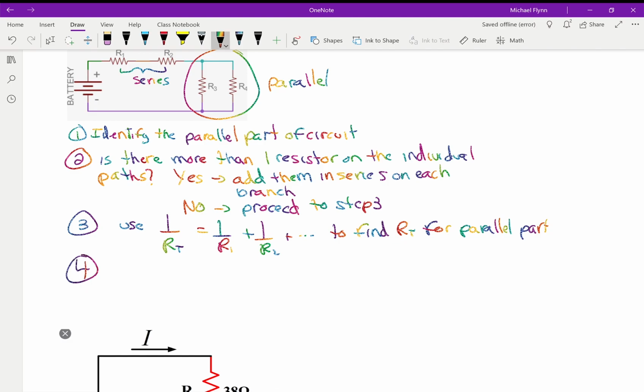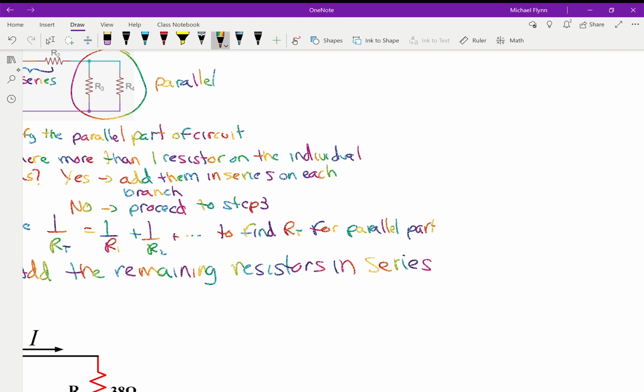Okay, number 4. Add the remaining resistors in series to get the total for the circuit: R1 plus R2 plus R3 plus, and so on.